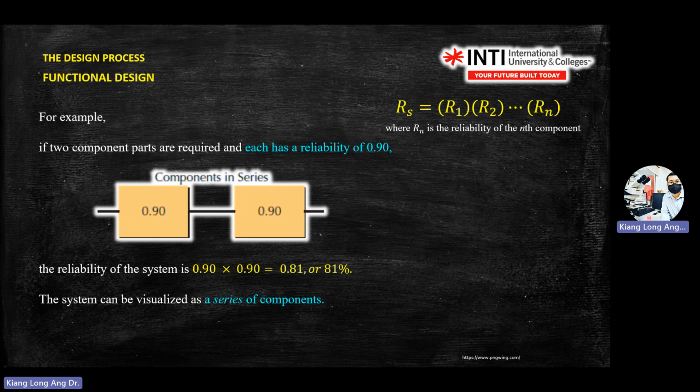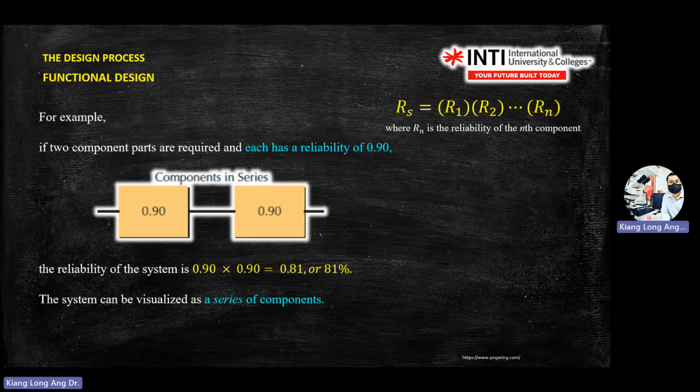It means the system can work under normal conditions and function at 81%. You know about efficiency, right? You learned about efficiency, input and output. It's the same idea. What can you see here? 90% individually, but when you combine, it dropped to 81%.